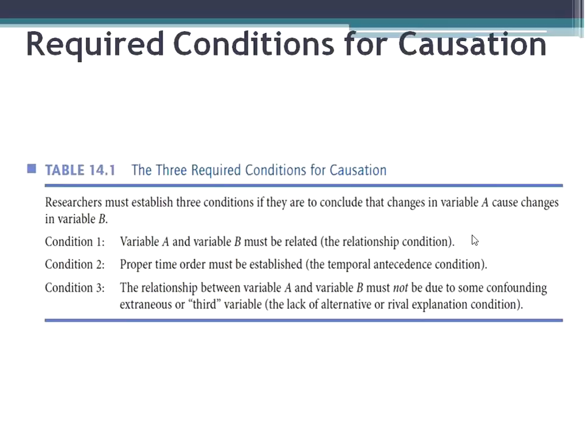The 3 important pieces that we have to have for causality. So there needs to be a covariance, a relationship between the 2 variables. You have to have temporal antecedents, so the cause has to come before the effect. And you have to have internal validity. The relationship between the cause and the effect, or the proposed cause and the effect, can't be due to some other potential variable.